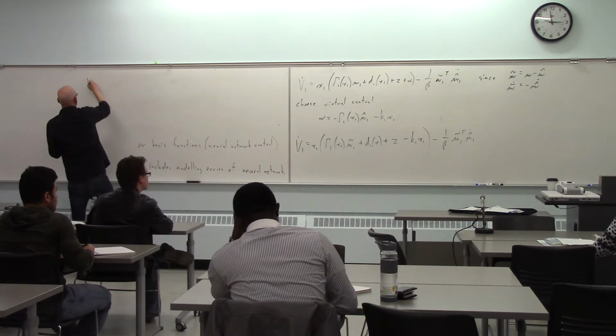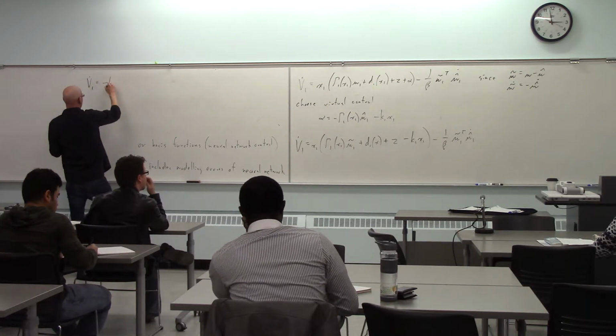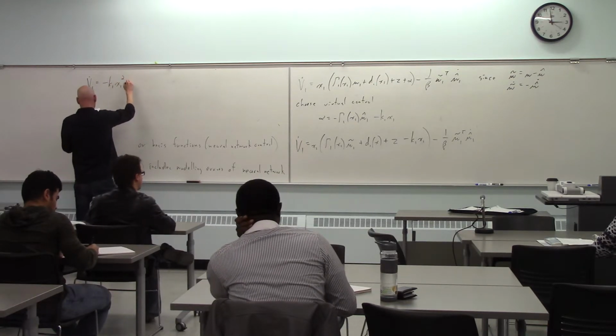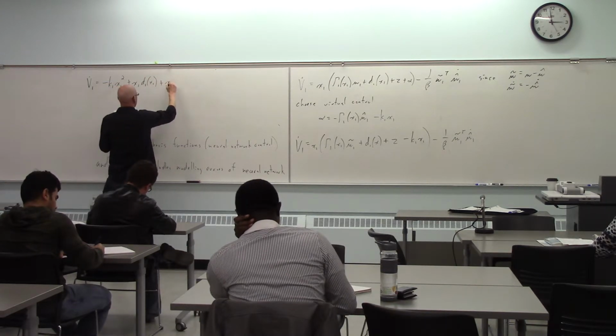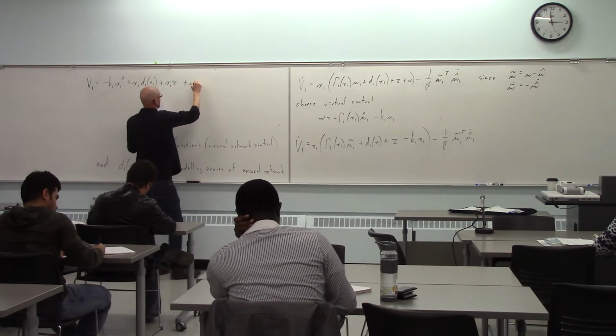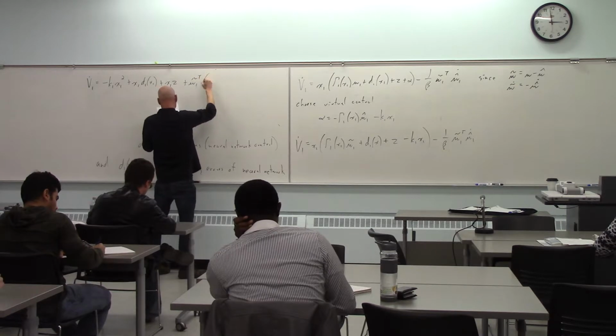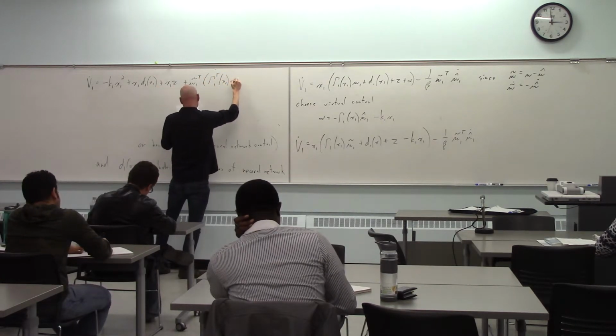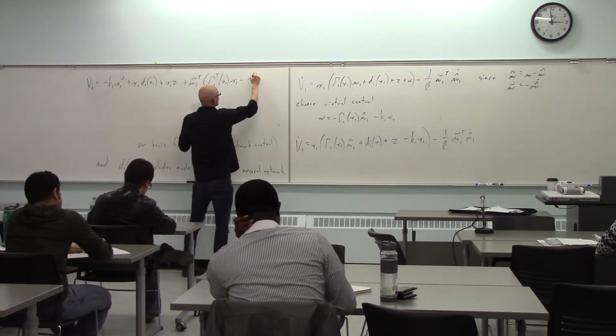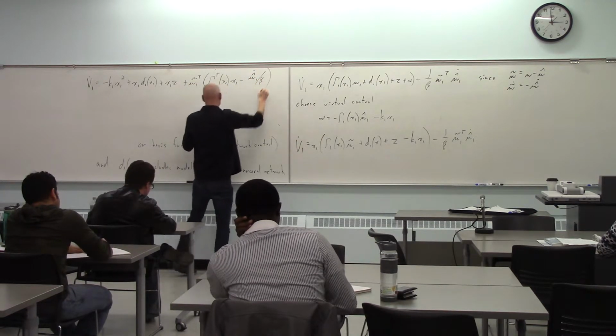So V1 dot is equal to minus k1 x1 squared plus x1 d1 of x1 plus x1 z plus W1 tilde transpose gamma 1 transpose of x1 times x1 minus W1 hat dot divided by beta.